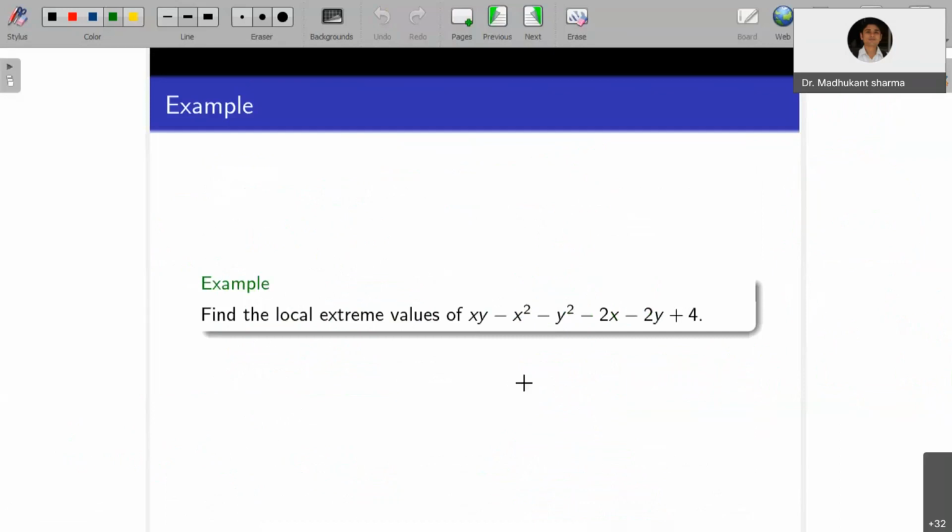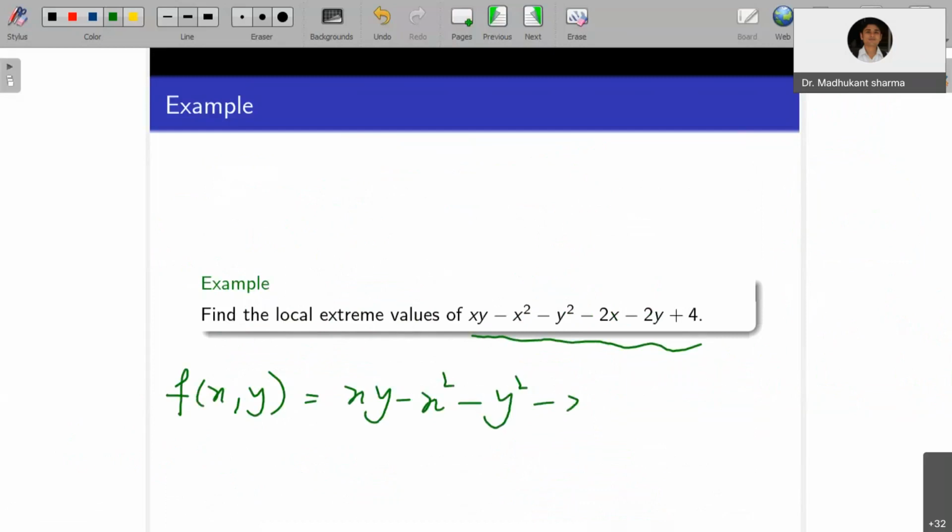Let's try to identify the local extreme values of this function. You are given f of x comma y equals x into y minus x square minus y square minus 2x minus 2y plus 4. Now, this function is a nice function. It is easy to verify that this function is continuous.